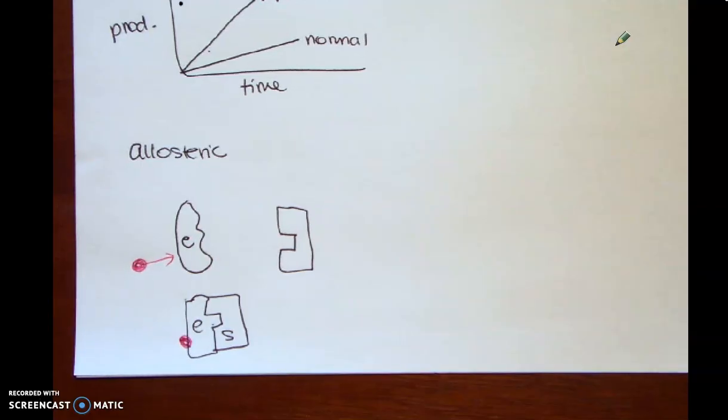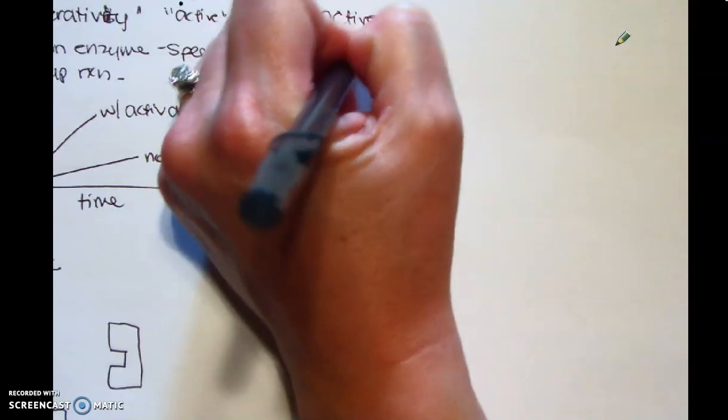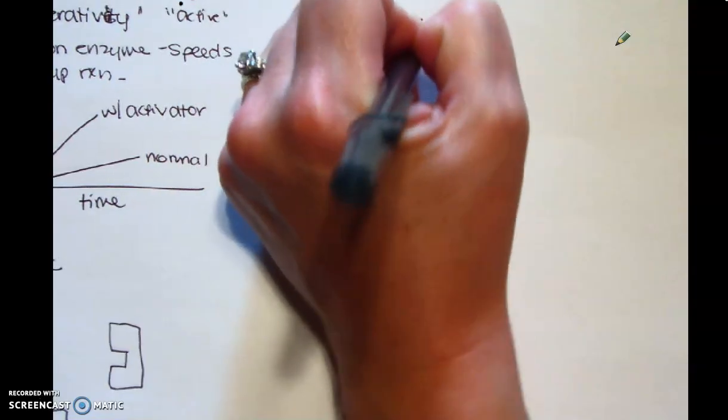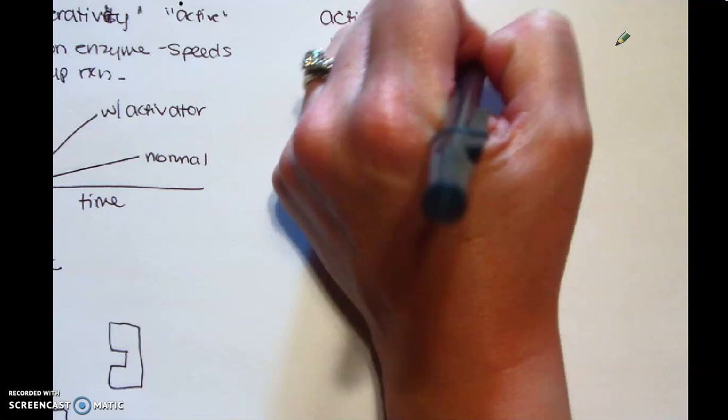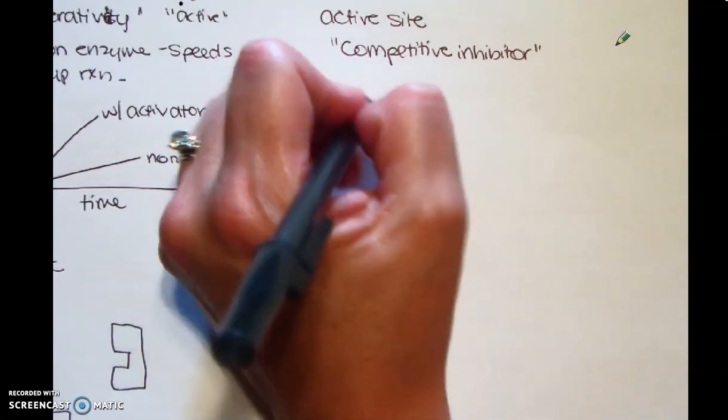The next says, I can explain how inhibitors can affect enzyme function. An inhibitor is going to inhibit. It's going to turn the enzyme off. Again, it can bind either to the active site, which we call a competitive inhibitor, because it's literally going to compete.